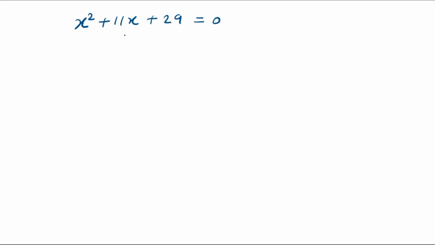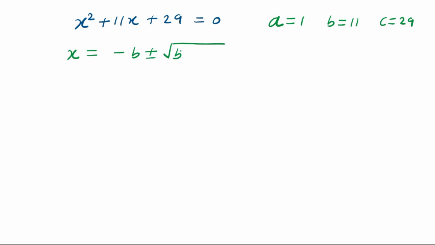On the left hand side we have a quadratic equation, and this quadratic equation is not factorizable. Here we will apply the quadratic formula. The value of a is equal to 1, the value of b is equal to 11, and the value of c is equal to 29. And the quadratic formula: x is equal to minus b plus minus square root of b square minus 4ac divided by 2 times a.